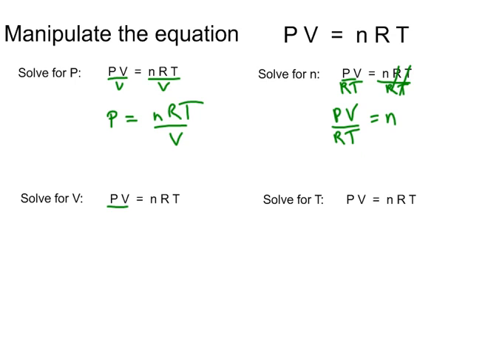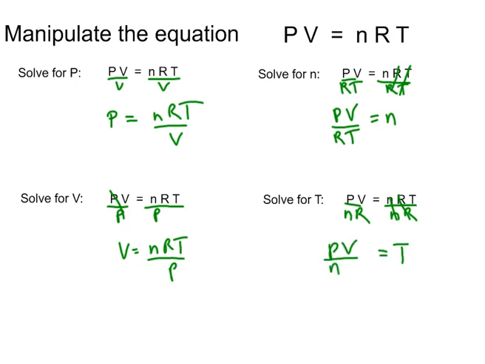If you're solving for volume, to get V all by itself, you will have to divide both sides by pressure. So you get V is equal to nRT over P. All right, and so on this goes. If you were to solve this for temperature, to get temperature all by itself, you would have to divide both sides of the equation by nR, and so the equation rewrites to PV over nR.